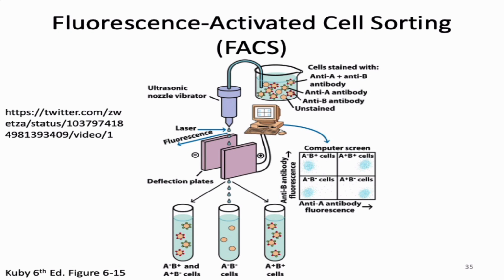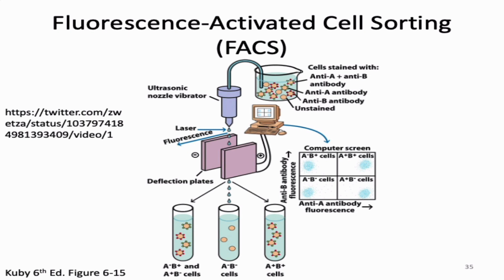Sometimes people use FACS, F-A-C-S, as a word to mean flow cytometry, because you could say that when you're doing that analysis, you're sorting which ones are which. To an immunologist, sorting is a special fancy flow cytometer. And so to me, I only do FACS when I'm sorting, and I'm doing flow cytometry the rest of the time.